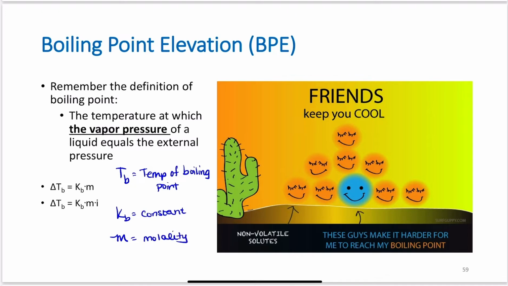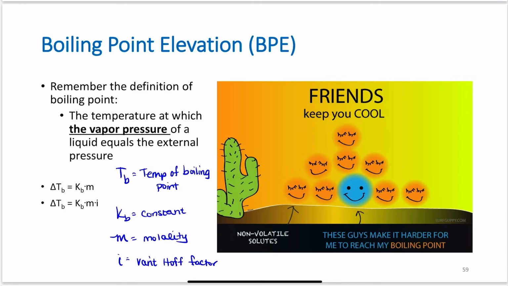We have to use molality for boiling point because it is a temperature measurement, and molarity is temperature dependent because volume is actually temperature dependent. And i, which we will talk about in the next module as well, is called our Van't Hoff factor.